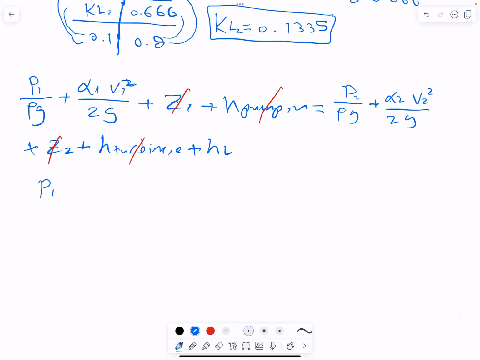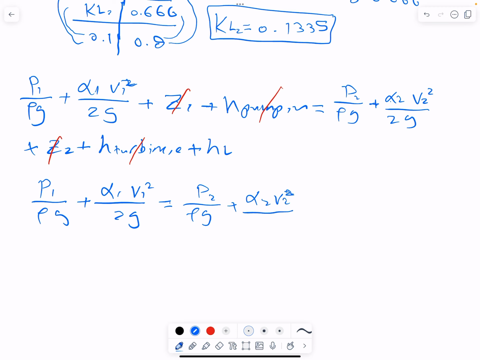P1 over rho g plus alpha 1 V1 squared divided by 2g equal to P2 over rho g plus alpha 2 V2 squared divided by 2g plus the head loss.